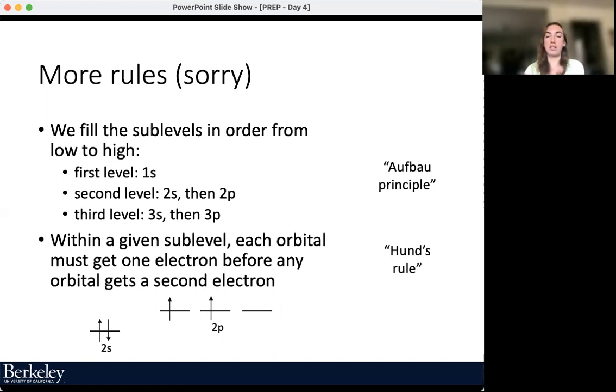I had a question in the chat: are orbitals on the same rings or different ones? The 2 here indicates the second energy level. So the 2s and the 3 different 2p orbitals, that's 4 total orbitals, which can hold up to 8 total electrons.